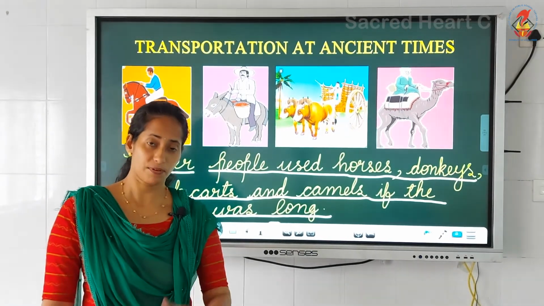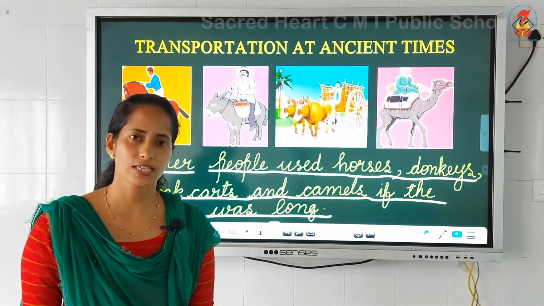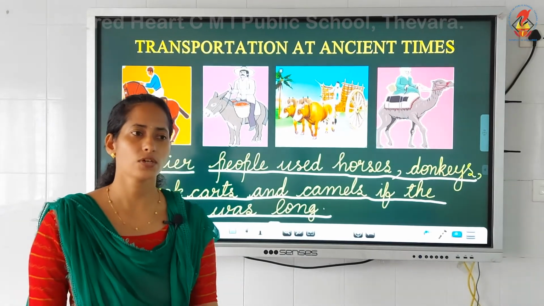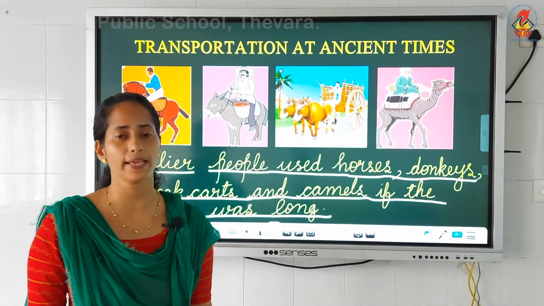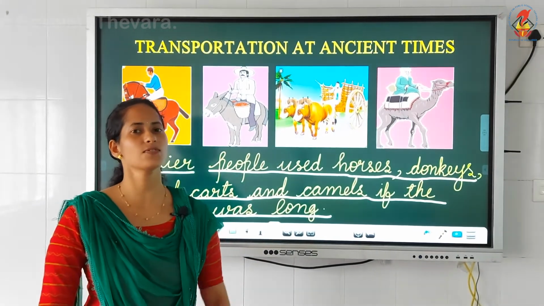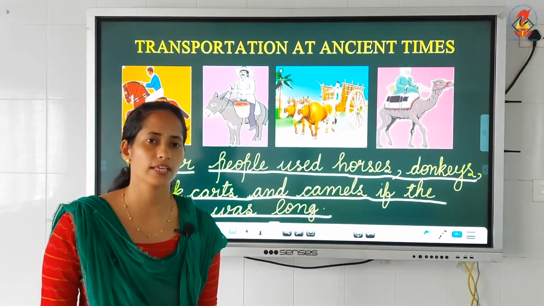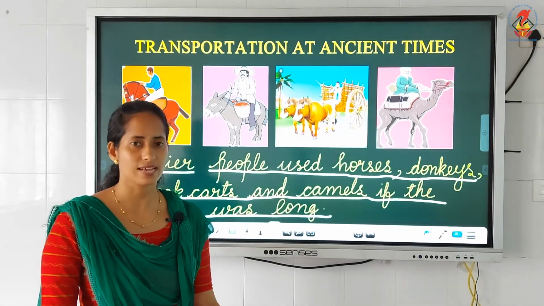Yeah. Before the invention of vehicles and wheels, they were just walking if the distance was short. So if they had to go to a short distance or to a nearby place, they would walk. Surely they would walk. And if the distance was long, they were getting the assistance of animals to go to the destination.